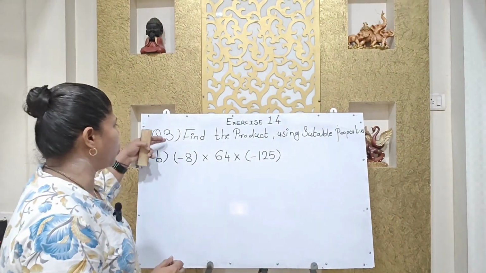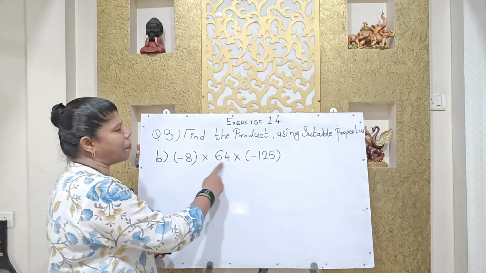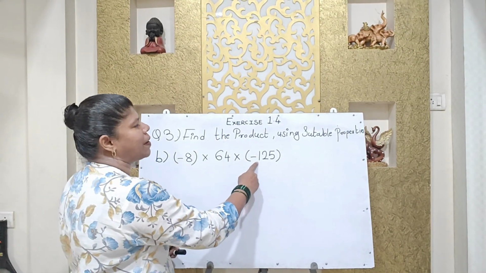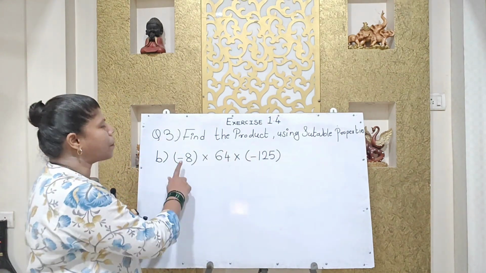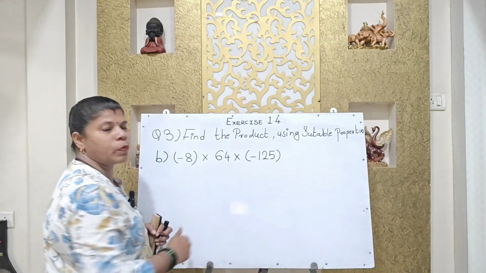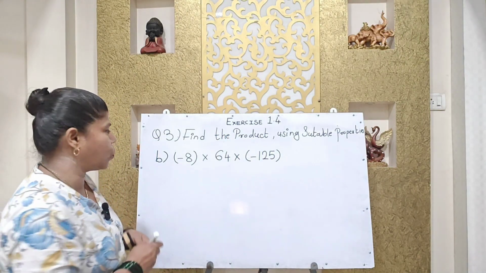The question number 3b. See the sum, -8 multiplied by 64 multiplied by -125. If we look at this sum, we have two negative numbers. So to make it easy, first we write the negative numbers near each other.